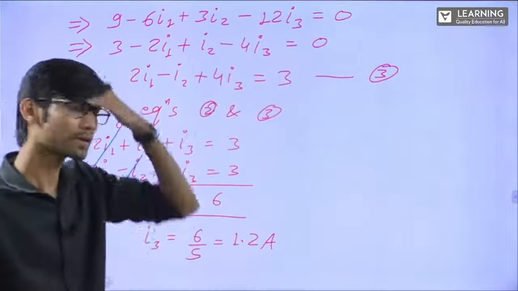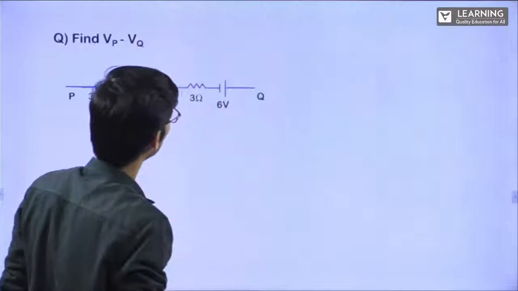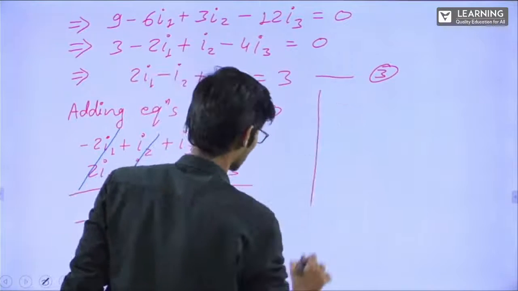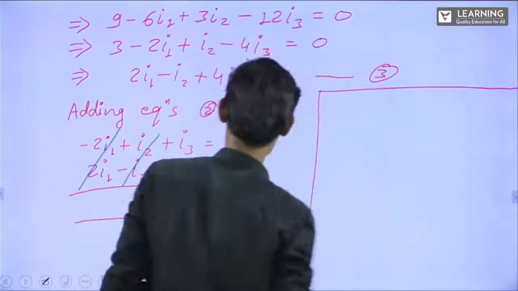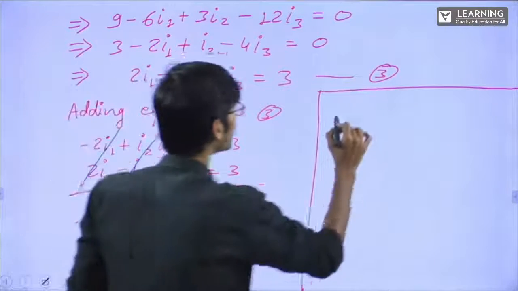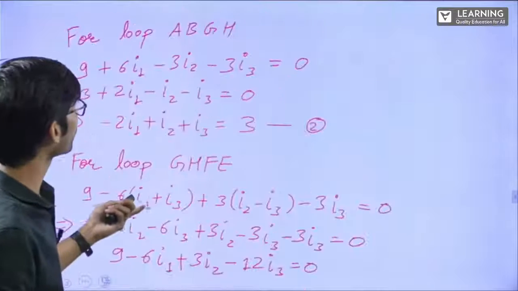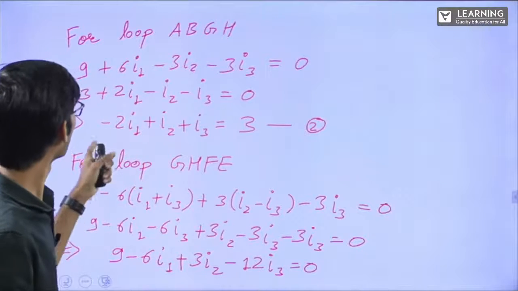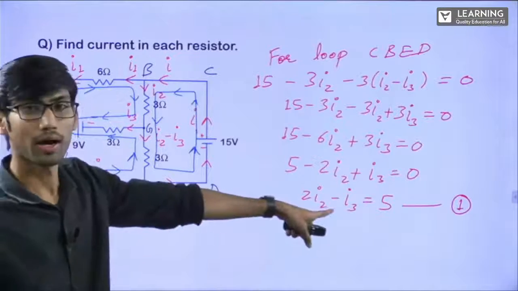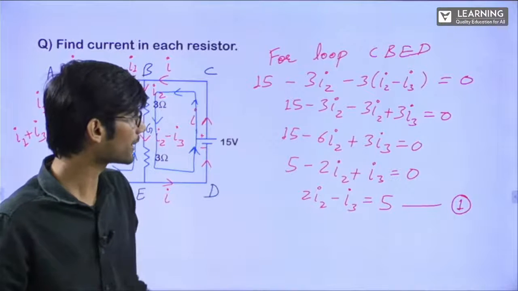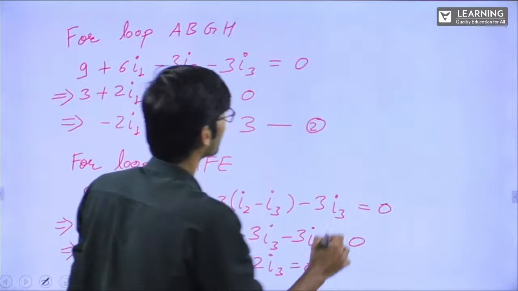Clear? 1.2 ampere. Now I2 from equation 1. I3 we know, I2 we can get: 2 I2 minus I3 is equal to 5, right?